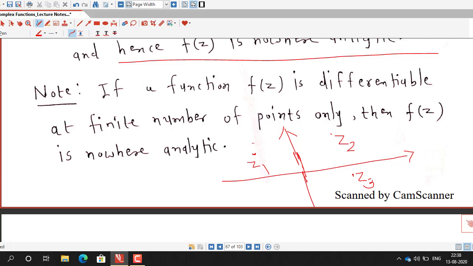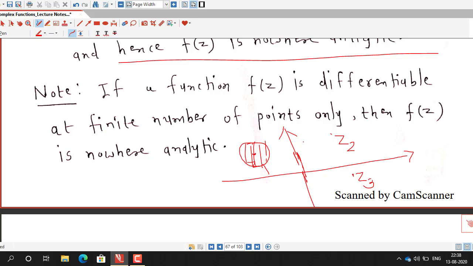Then for analyticity at z1, we have to find at least one neighborhood of z1 such that the function is differentiable at every point in that neighborhood, but it is not possible.